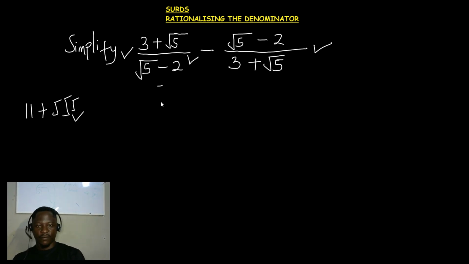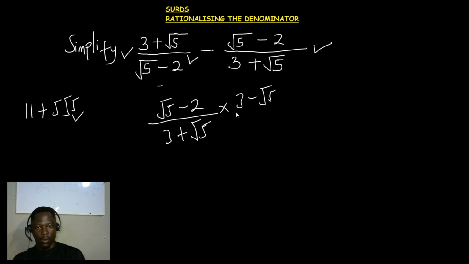Now here we have square root of 5 minus 2 all over 3 plus root 5. Let's multiply both sides by the conjugate, which is going to be 3 minus root 5 all over 3 minus root 5.